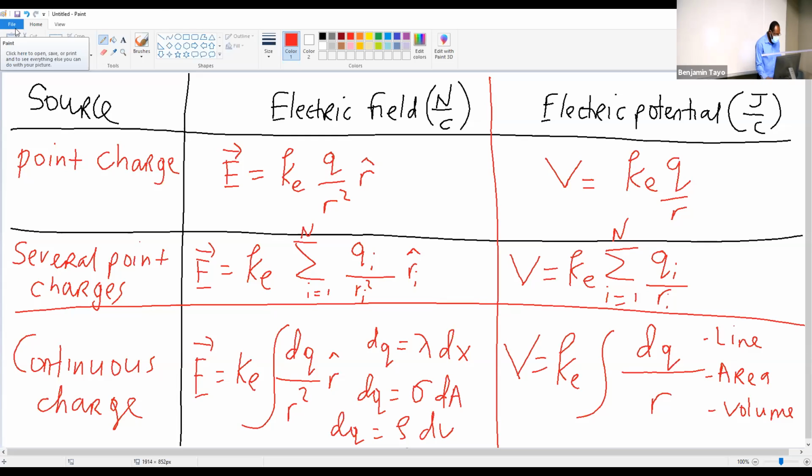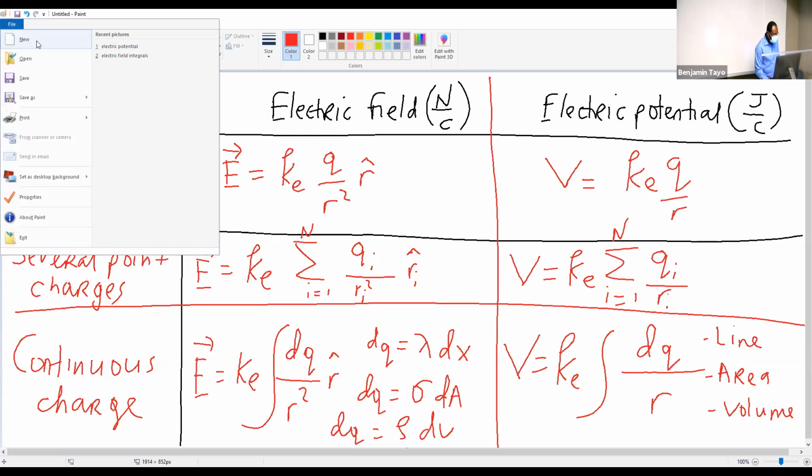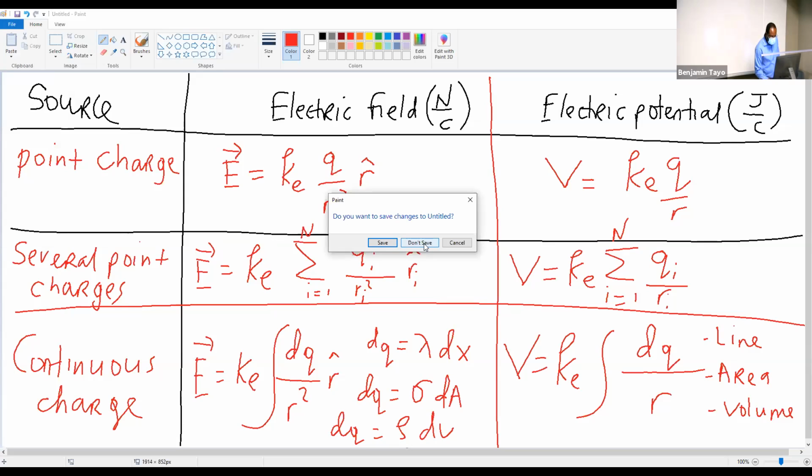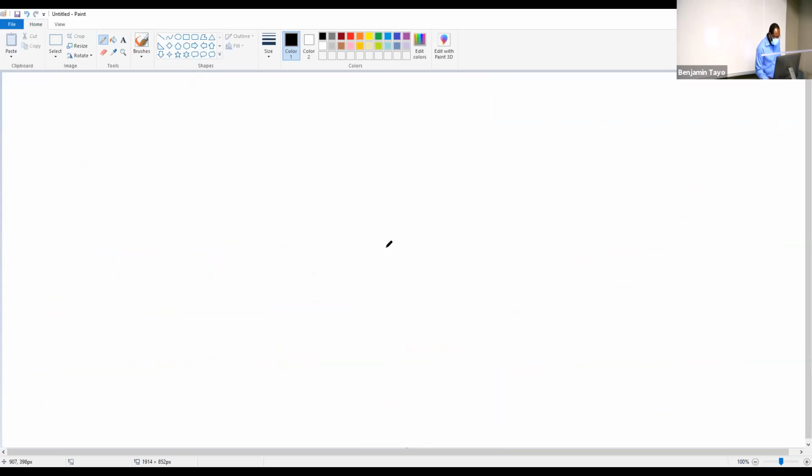So with this, I want to look at one example. Suppose that you have a line charge that looks like this.